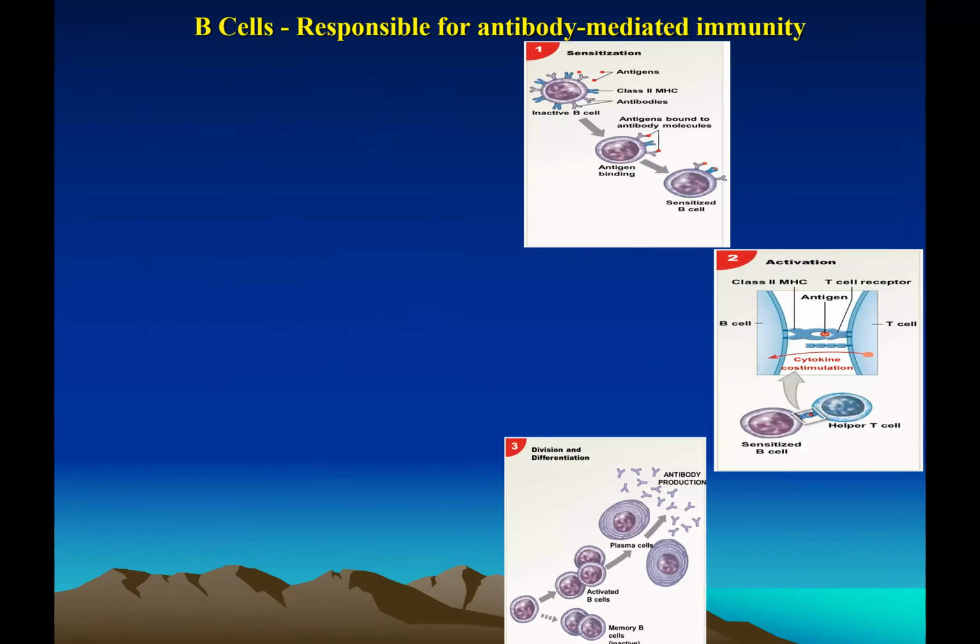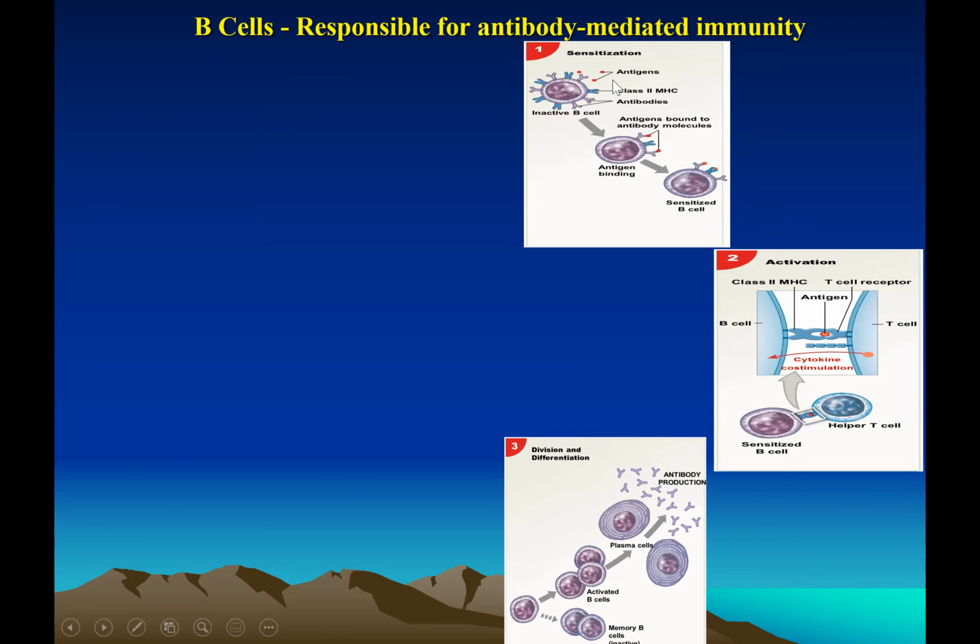So how does the T cell help the B cell to make antibodies? Here is an inactive B cell. If it has to make antibodies specific for a specific antigen, it has to get sensitized, then activated, and then it will differentiate into a plasma cell to make the antibodies. Here in the B cell, you can see the Y-shaped antibodies, which are membrane-bound antibodies stuck to it.